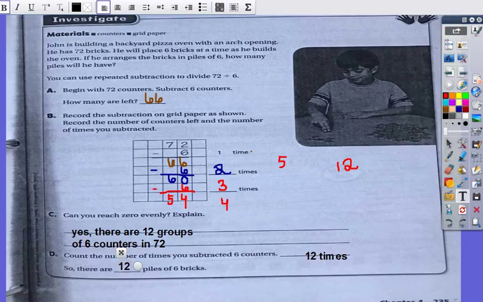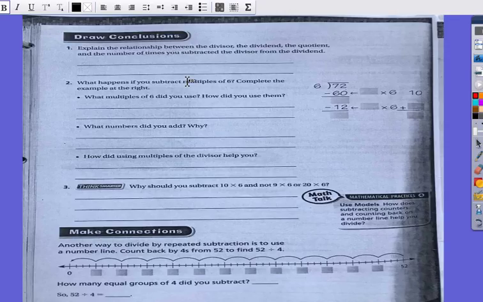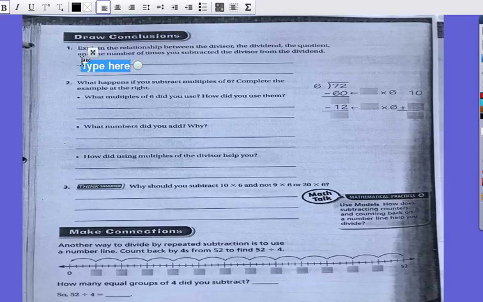Alright, so we're using subtraction to get rid of those bigger numbers. Explain the relationship between the divisor, the dividend, and the quotient, and the number of times you subtracted the divisor from the dividend.